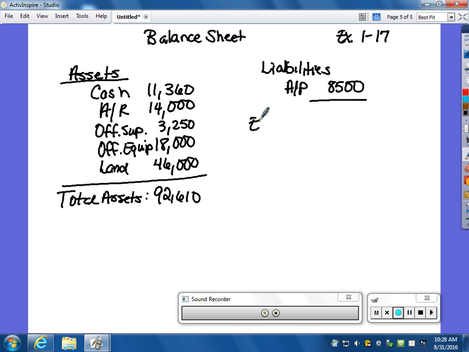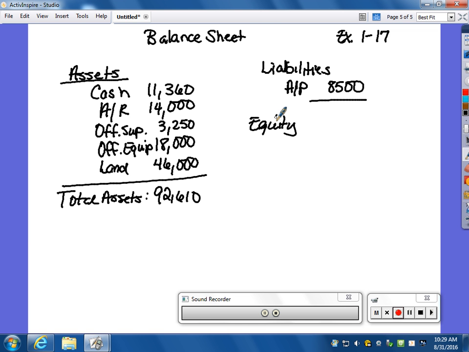Okay, equity. What do you have for equity? Capital. Why do you say capital? You are correct, but I just want everybody to understand, because somebody said investments and some other stuff, we don't do that. Why do you think we do not list investments and withdrawals and all of that?